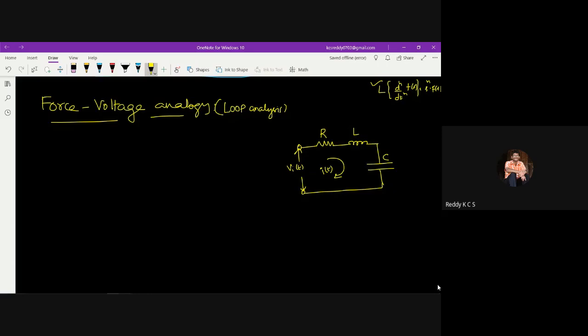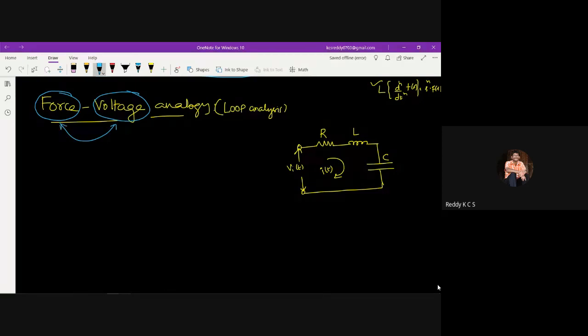Now I have to measure the output, or otherwise just measure what the voltage is in this circuit. According to the Kirchhoff law, I can write the equation for this. As we told, in this case the force and the voltage are analogous.